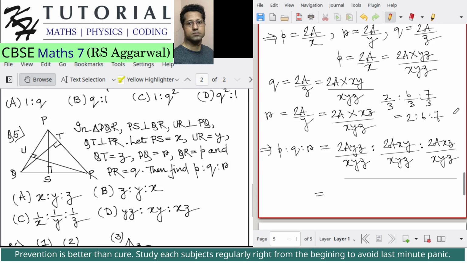So in a ratio, can we multiply all the parts by some number? Will the ratio remain the same?